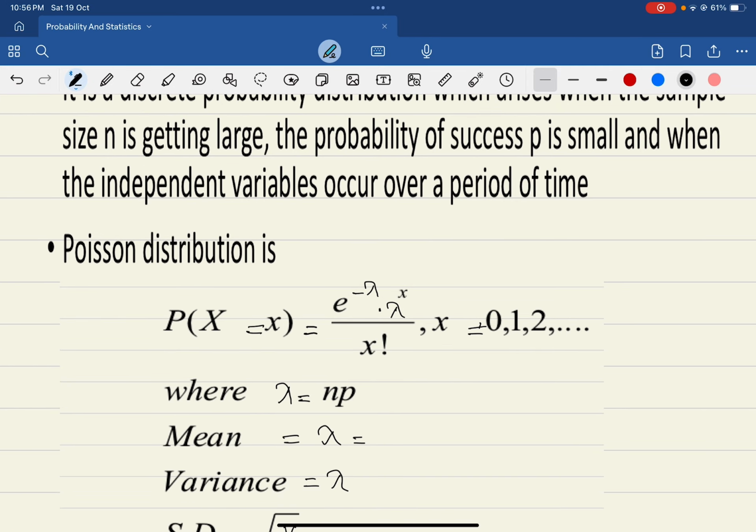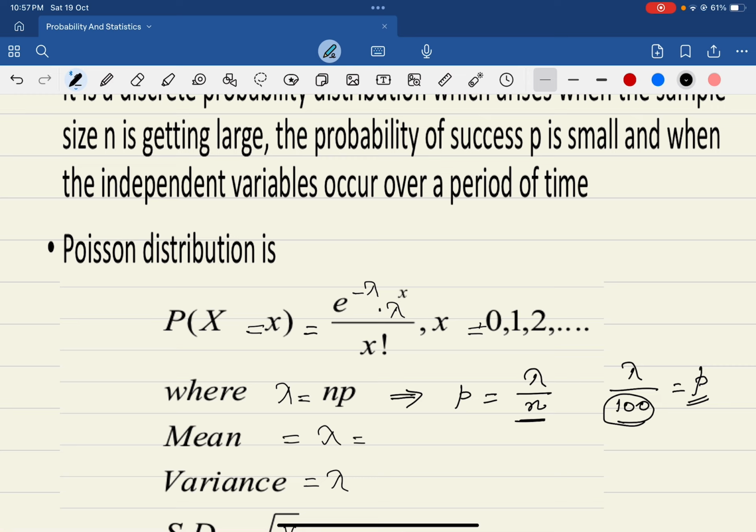Now I'll explain this point. When lambda is equal to n into p, the probability of success is lambda by n. So when n becomes larger, lambda divided by a bigger number, say n is 100, then definitely the probability p is getting smaller and smaller.